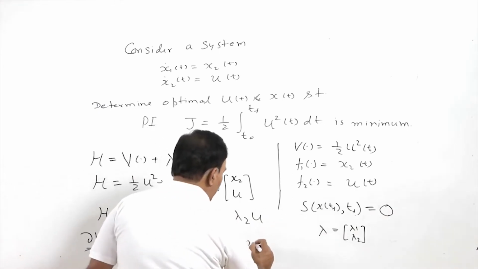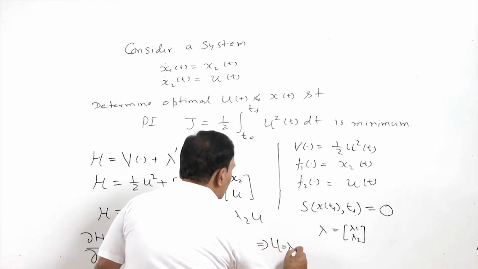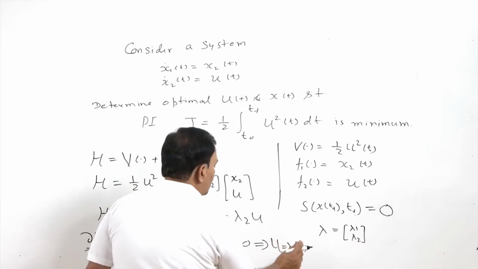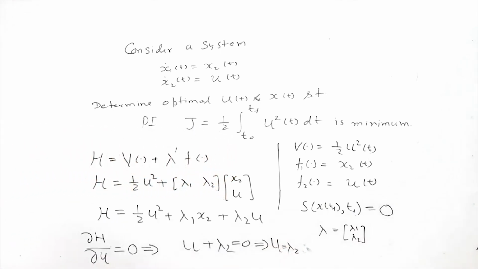This gives u equal to lambda 2, dropping the t on both sides.